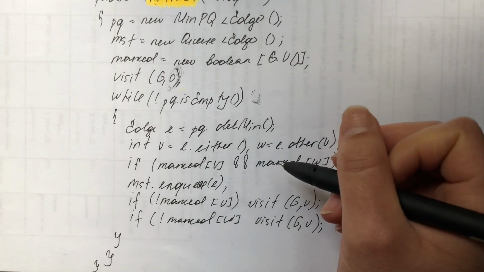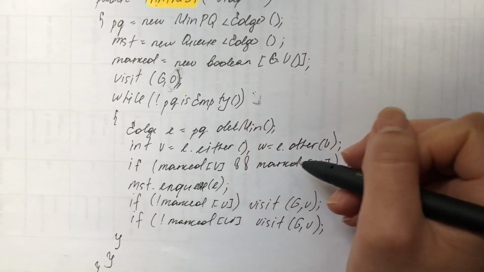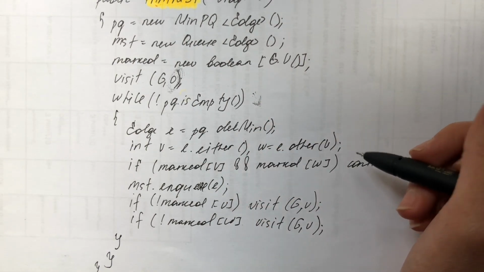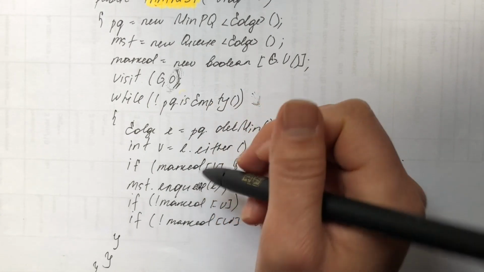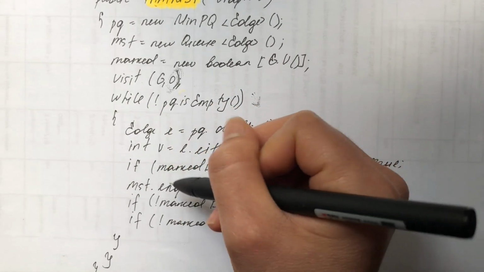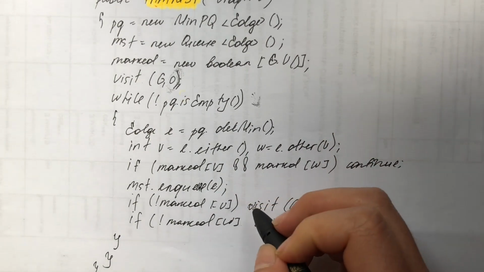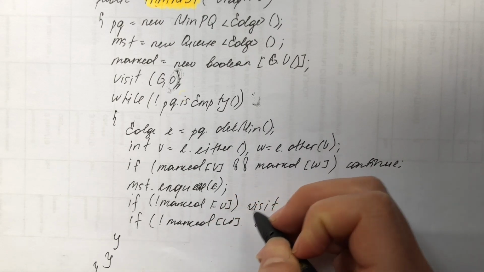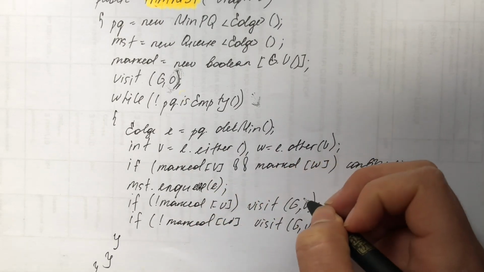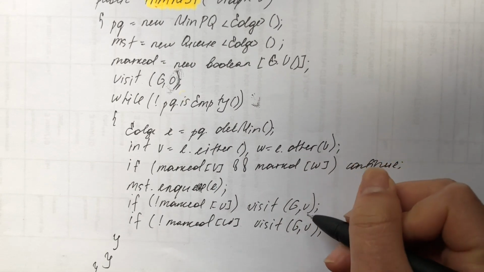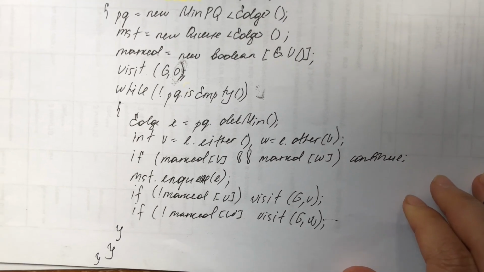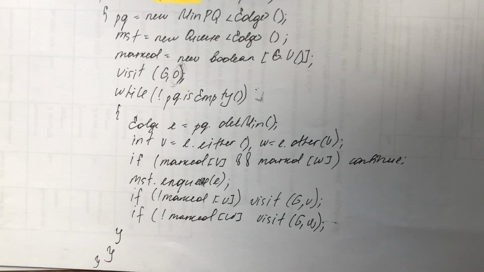If they are both visited, we just continue, because that means they are already in our minimum spanning tree. Otherwise, we insert this edge into our minimum spanning tree, and then look through all other vertices. Of course, if they are not marked, we should visit that particular vertex, and here it should be W. By that we achieve a minimum spanning tree by Prim's algorithm.